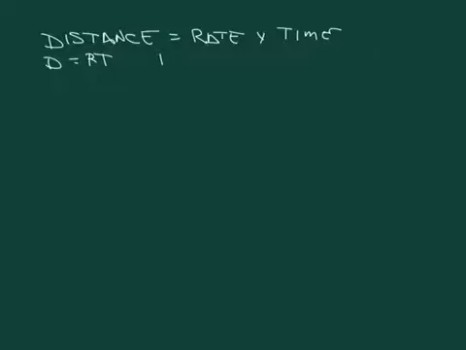If we want to find the rate, how fast you're going, the rate is distance divided by time. And if we're looking for time, that's the distance divided by rate. So these three formulas are ones we're going to use for these sections on motion problems.